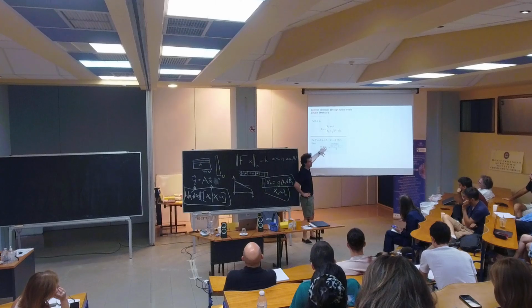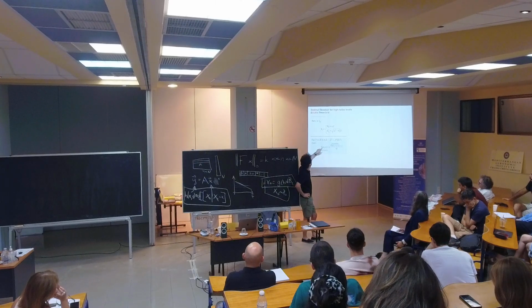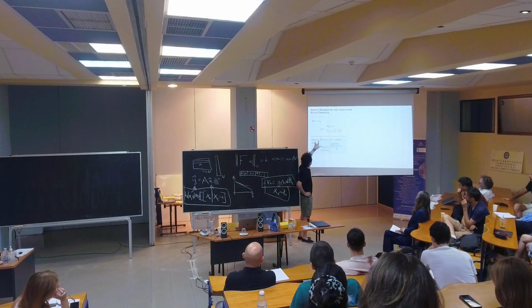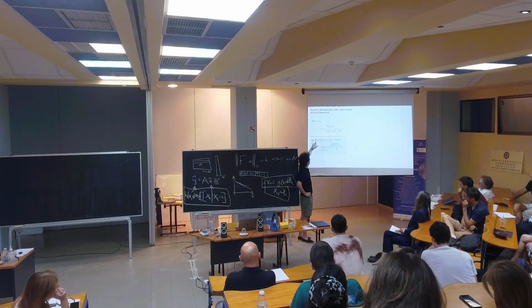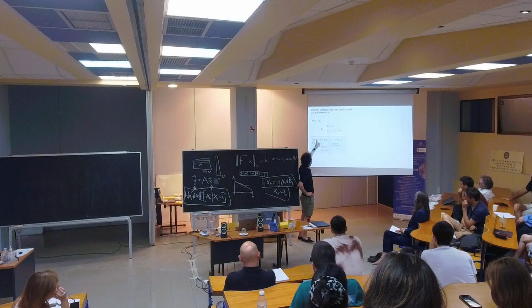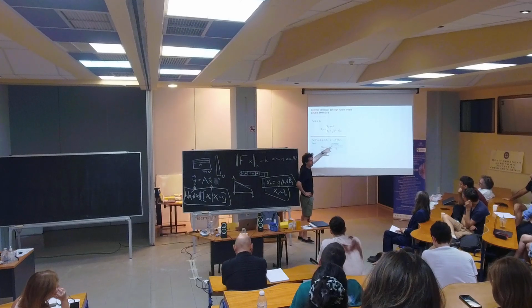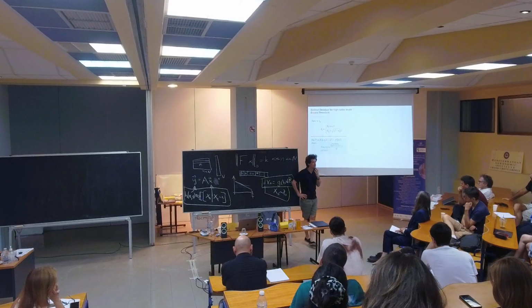This is Tweedie's formula from earlier, written more generally. It says that for any two variables connected this way, the score of this variable is just the denoiser of this given that, with some corrections.